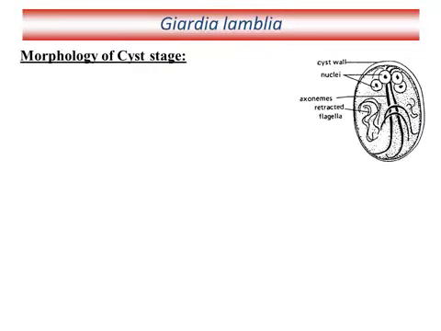Morphology of the cyst stage. Average size 12 by 7 micron. Ovoid in shape, oval with a well-defined cyst wall.